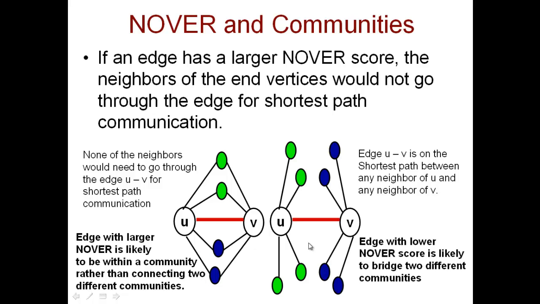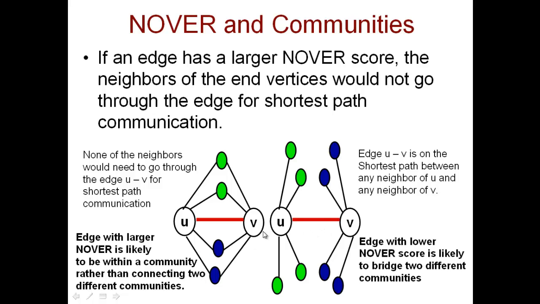So all the shortest paths in the neighborhood of u have to involve the edge uv to communicate with nodes in the neighborhood of v. As I said, this is like a bridge edge that is bridging two different communities.